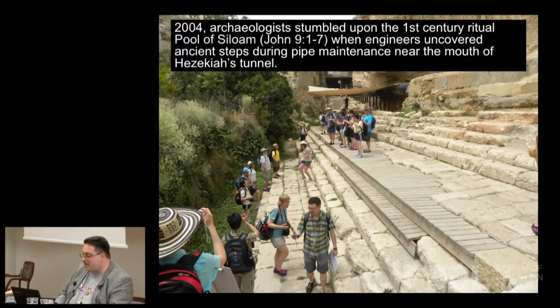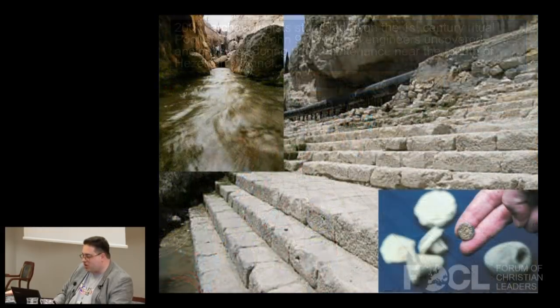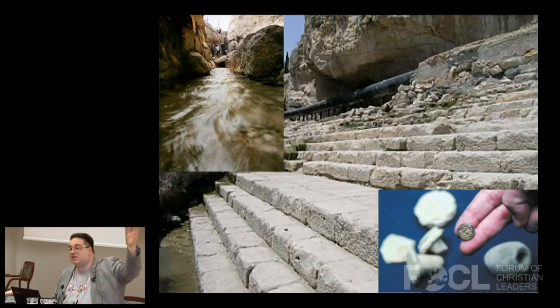And indeed, here's some other shots. There's still some water running through this. These are the steps that lead down into the water, and here some of the pottery and a coin was discovered.